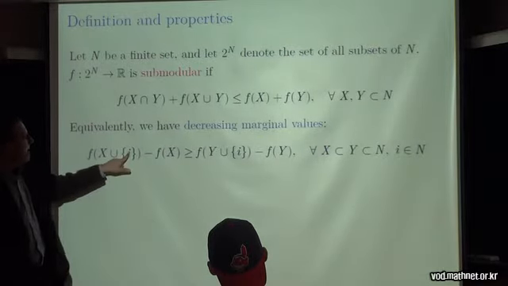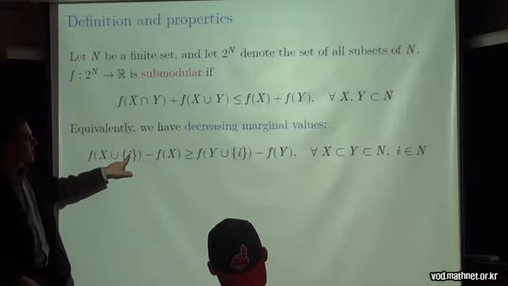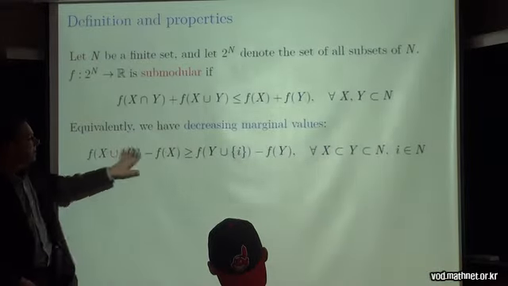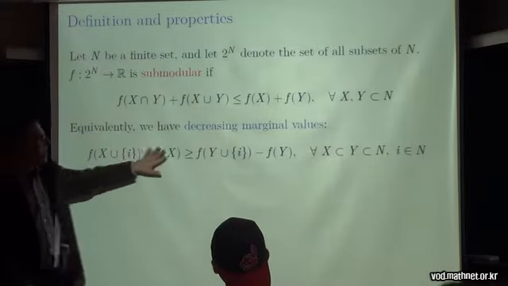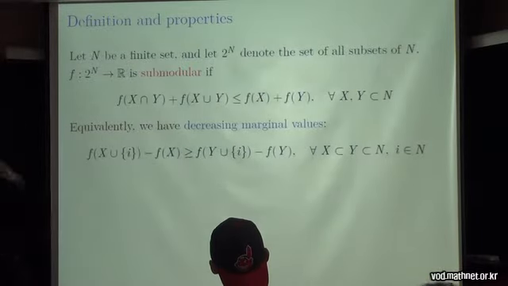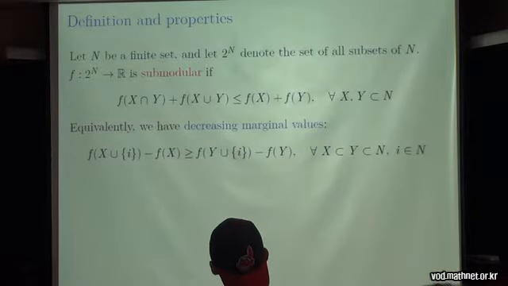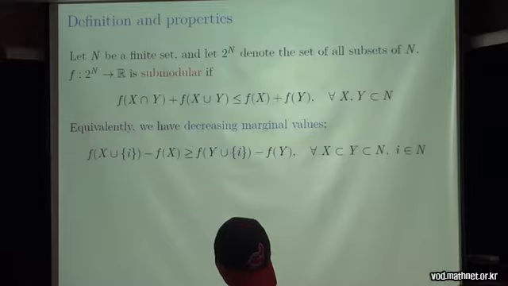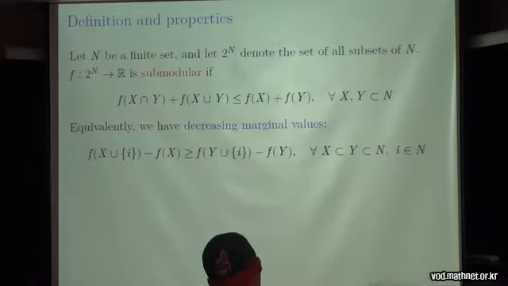So when I add the element to the smaller set, the marginal value, the improvement, is at least as big as when I add it to the bigger set. These things are equivalent. So in a way, you can think of this as a function that has a decreasing marginal value. Throwing something into the bigger set won't give you as much as throwing it into a smaller set, which I think many things in life are that way.